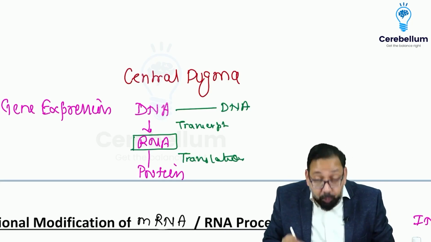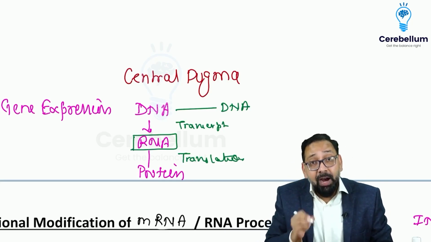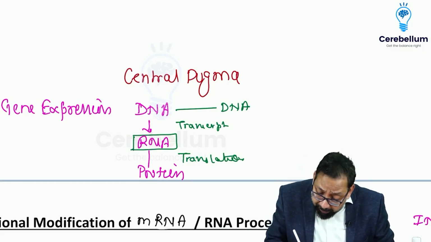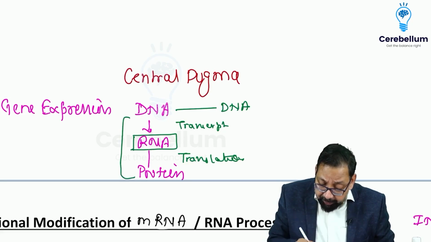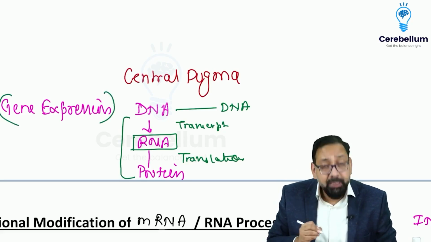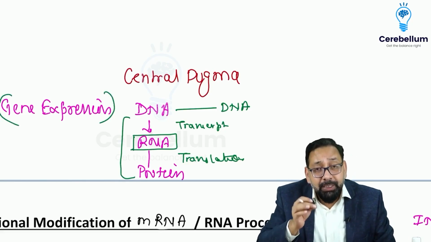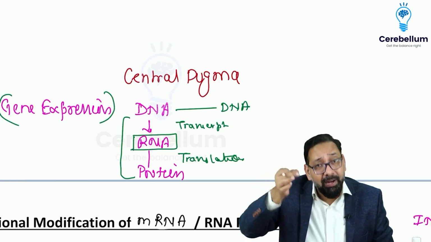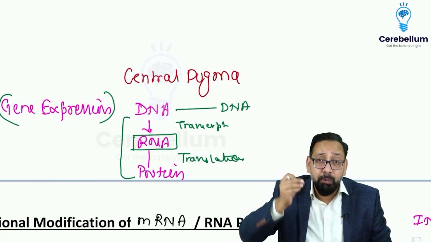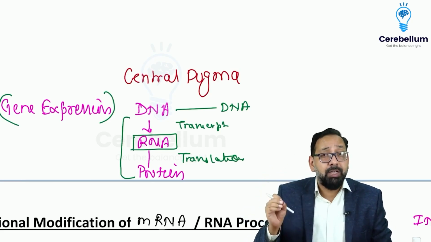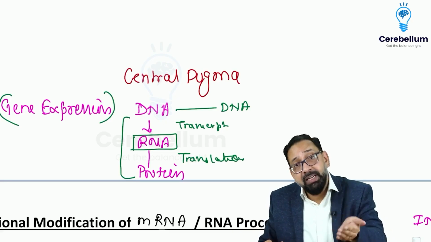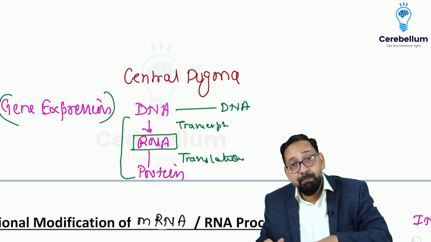So protein synthesis is translation, RNA synthesis is transcription, and this transcription and translation combined is gene expression. Whenever DNA wants to do function, it synthesizes RNA, RNA synthesizes protein and protein does the function. DNA can't do the function.